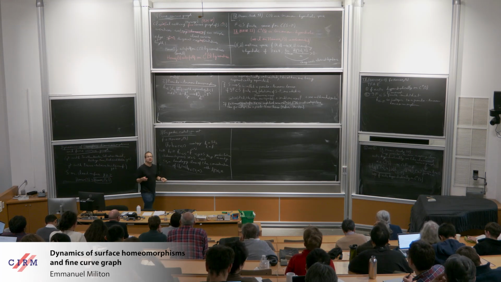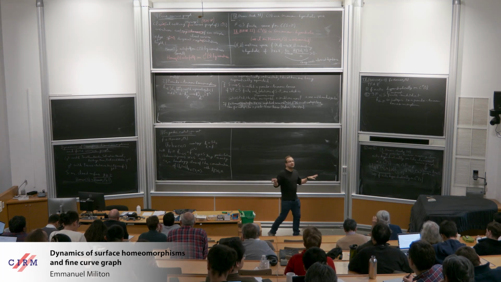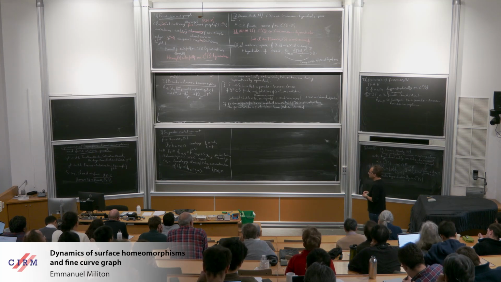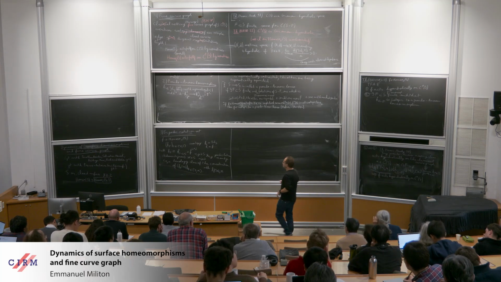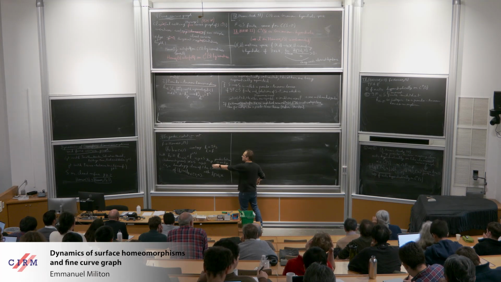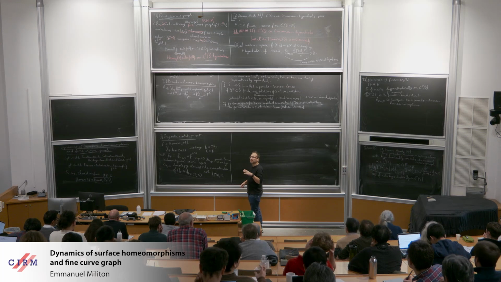The limit does not always exist. Sometimes you can have many accumulation points. But if you take an ergodic measure, we have a theorem that says that those quantities, when you divide them by n, will almost surely have limits.